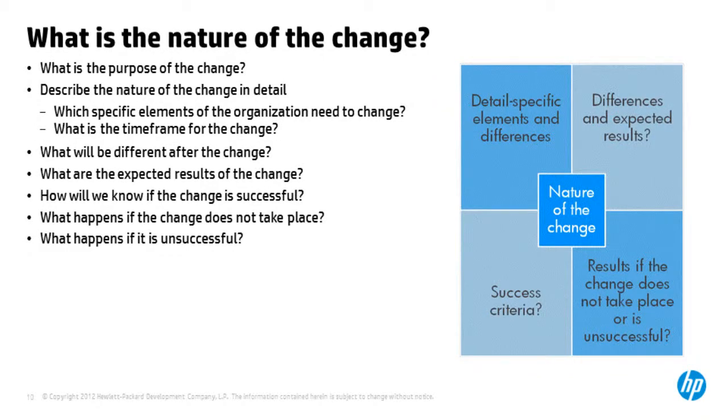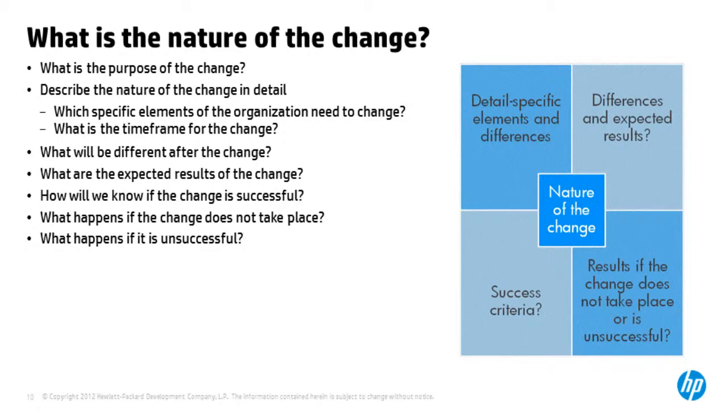This set of questions deals with the nature of the change. The answers indicate the type of change event, its scope, and the anticipated results. You need to ask yourself, what is the purpose of the change? Can you describe the nature of the change in detail? If not, how can you find the information that would enable you to do so?